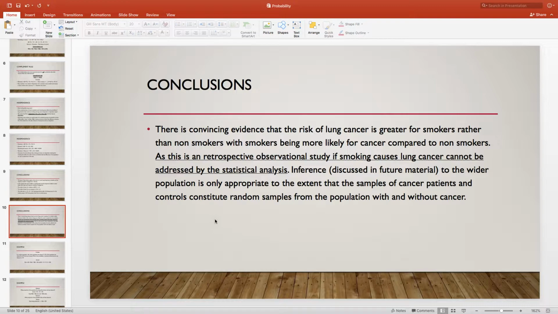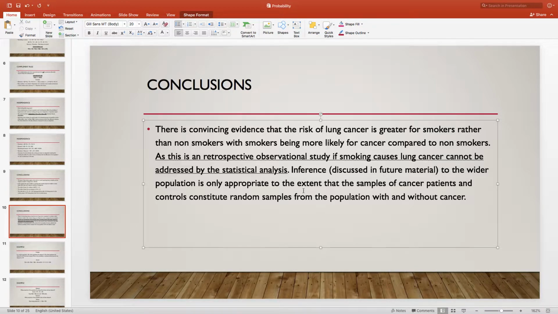Now, one carefully worded thing here that I want to read to you. It says inference to the wider population is only appropriate to the extent that the sample of cancer patients and controls constitutes a random sample from the population with and without cancer. That sounds like legal wording, and in fact, it is in a statistical form.